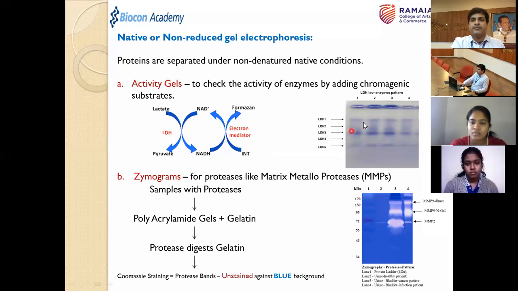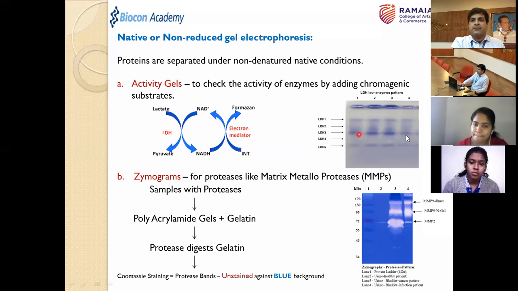So now you see your samples here. When you separate them, wherever the LDH is, for example, in our illustration, you have the bands; these are lactate dehydrogenase. When you add the tetrazolium salt, because of its enzymatic activity, as it is a native gel and you are maintaining all the conditions required for its native structure, it will retain the function and convert tetrazolium to formazan.